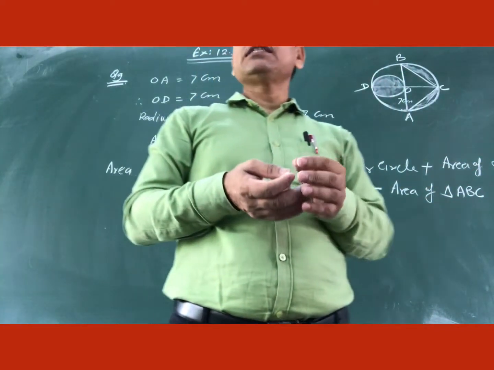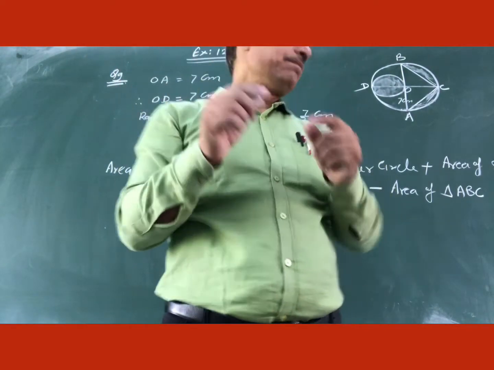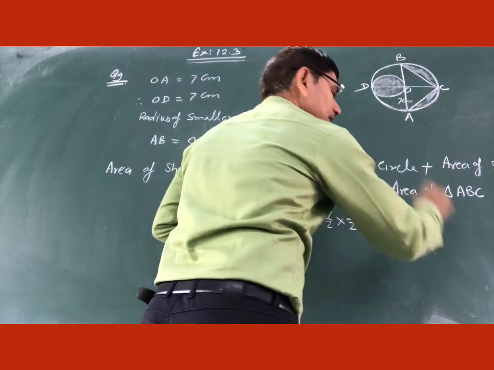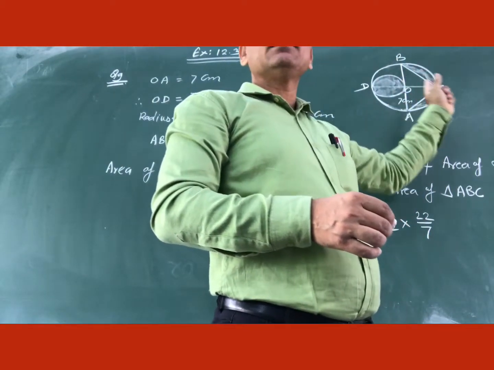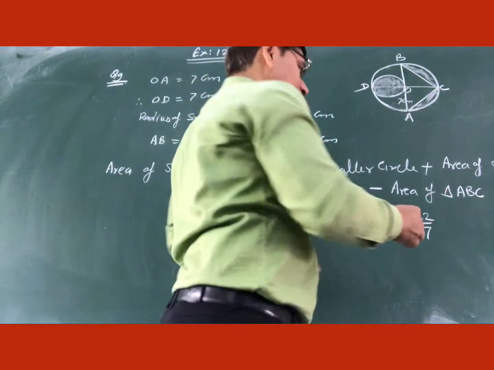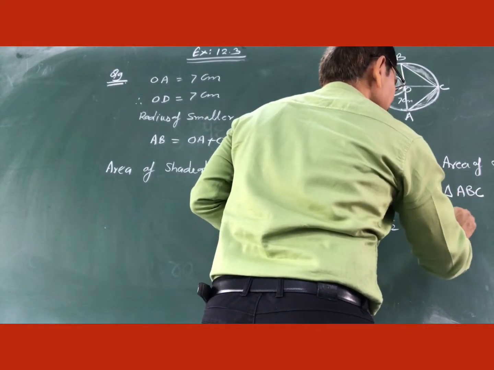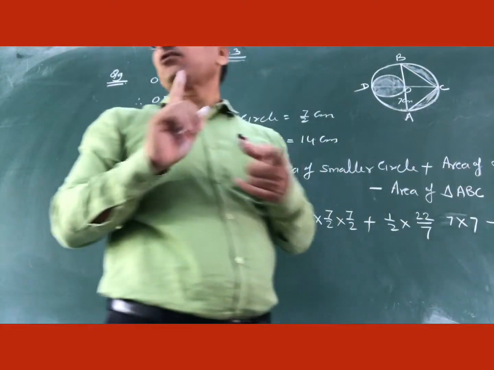Semicircle means half of the circle, 1 by 2 pi r square. 1 by 2 pi, again 22 by 7, and the radius of this semicircle is only 7. So you will write 7 and 7, minus area of triangle.